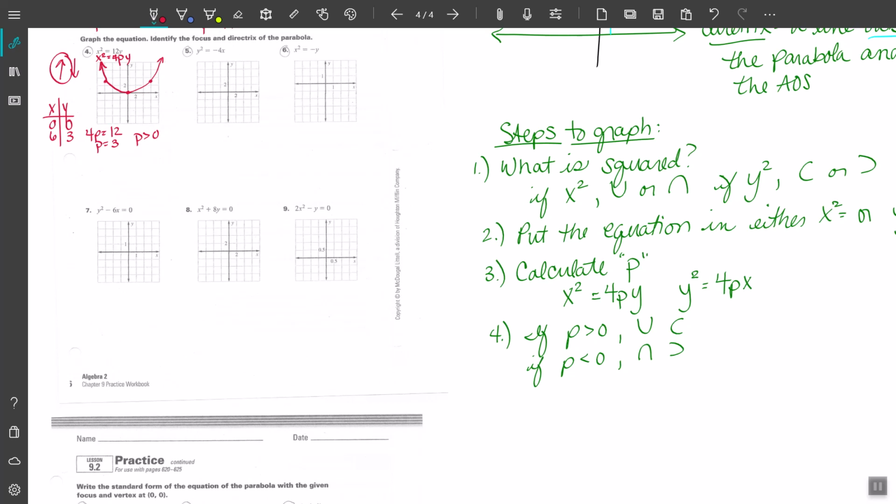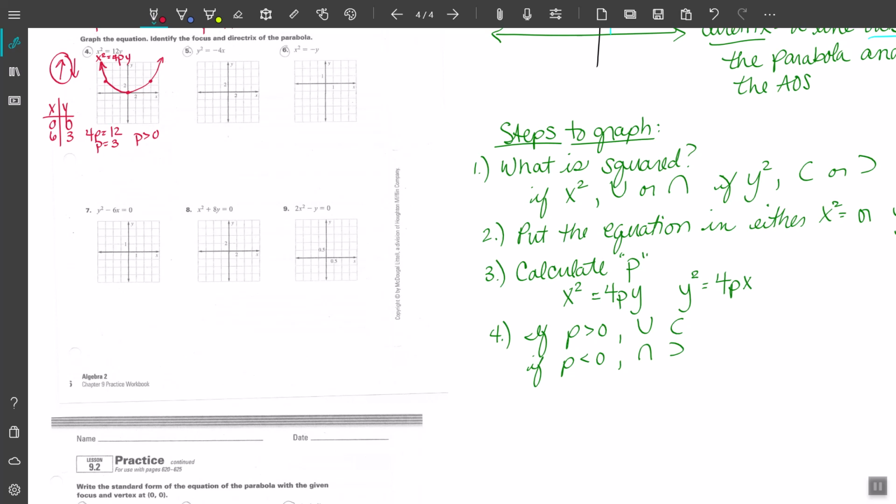And so now the last thing we need to do is identify the focus and the directrix, like they ask us in the directions. So this is where the value for p really comes into play, because remember, if you go back to the definition, the focus has to lie on the axis of symmetry.